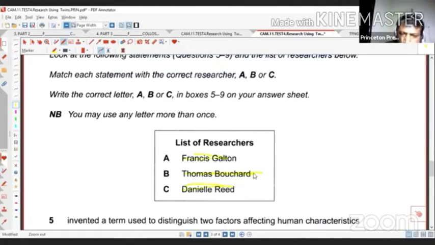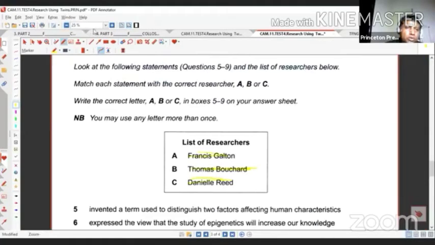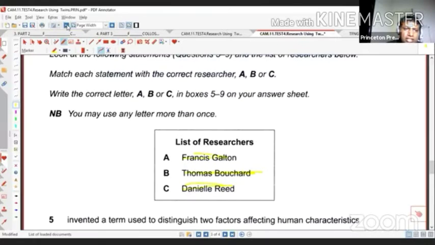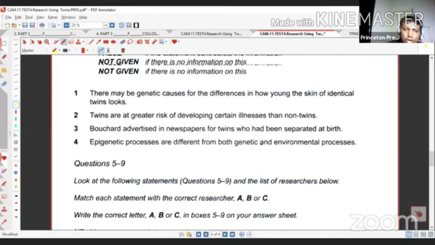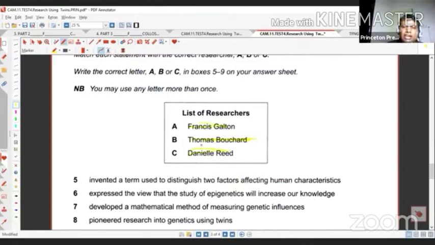So I'm not going to start with this one. I'm very likely going to start with the first one, the true, false, not given. But whenever I come across these names in the whole passage, I'm going to mark them.